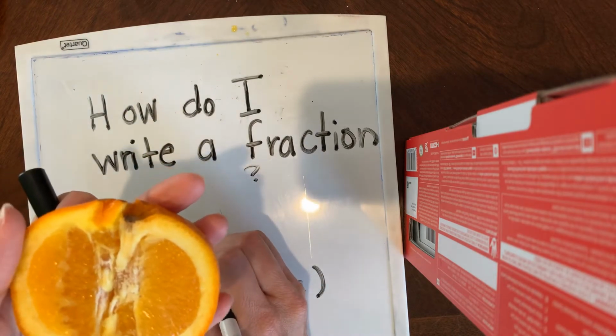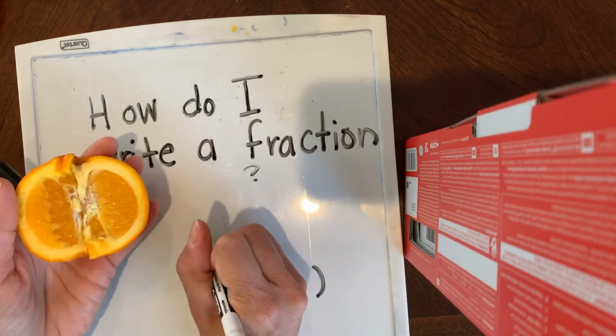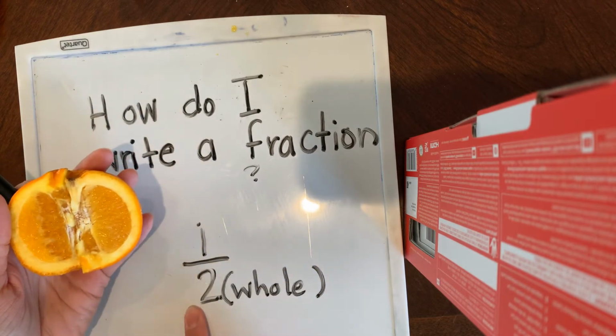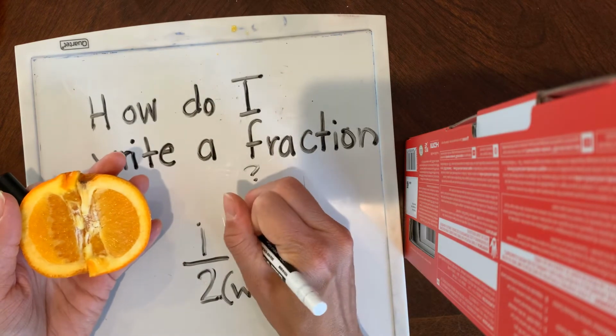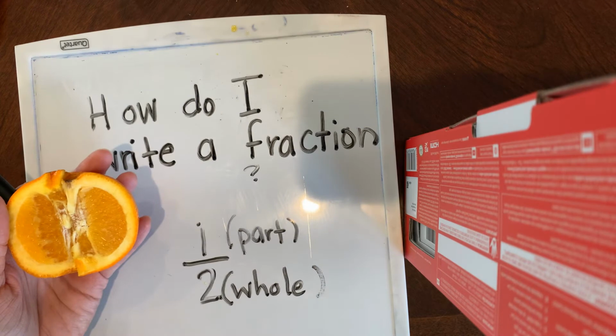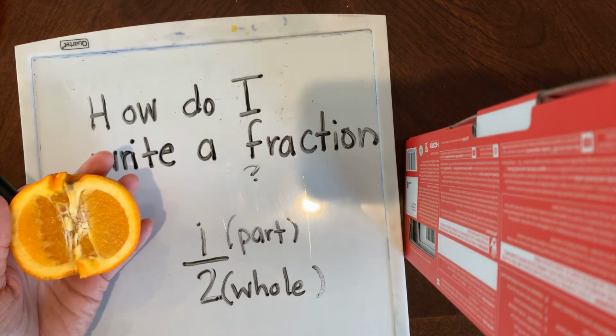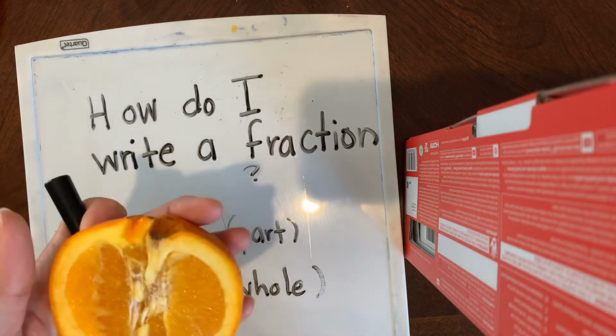So here I'm going to put that part, the part that I have is going to go on top of my whole. So here I have my whole, and this is your part, I should say, your part that you have goes on top. So now this is 1 out of 2, but it also equals 1/2.